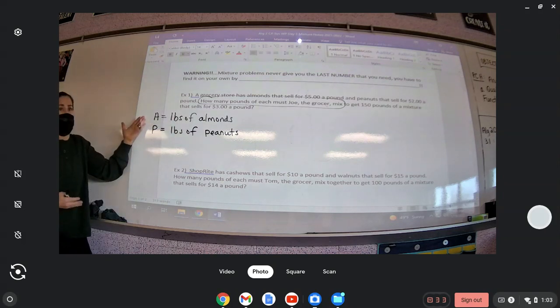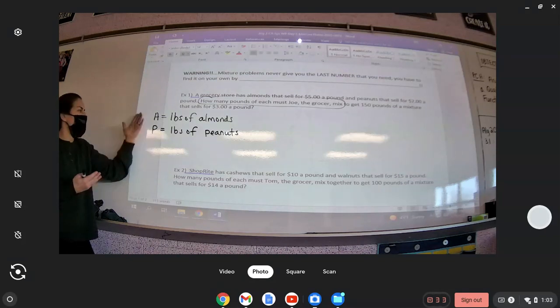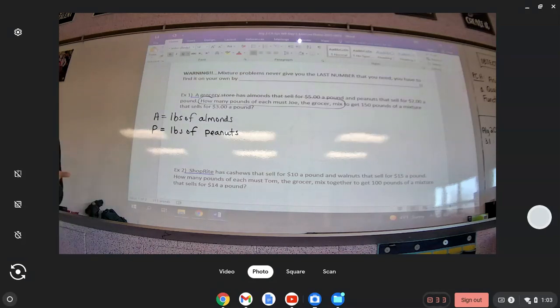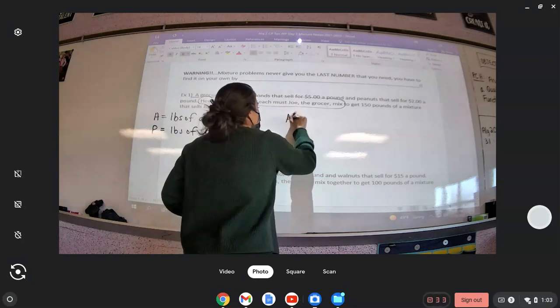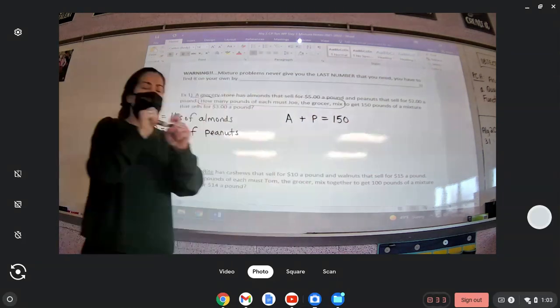If this is how many pounds of almonds he's going to use, and this is how many pounds of peanuts he's going to use, they better add up to how many total pounds? 150. So that's our first equation. A, the pounds of almonds, plus P, the pounds of peanuts, better add up to the end mixture, which is 150 pounds big. So A plus P equals 150, right?